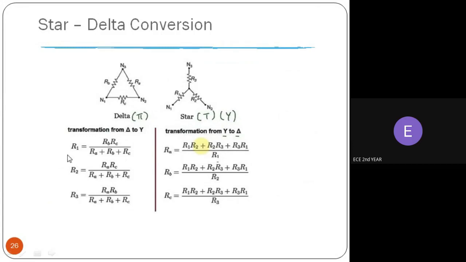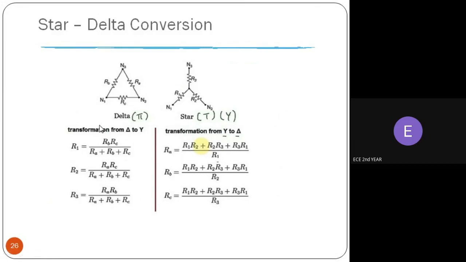Here 3 nodes are there, 1, 2, 3, and between the 3 nodes 3 elements are connected, RA, RB and RC, which is converted into a star connection R1, R2, R3. The value of R1 is equal to RB into RC divided by RA plus RB plus RC.